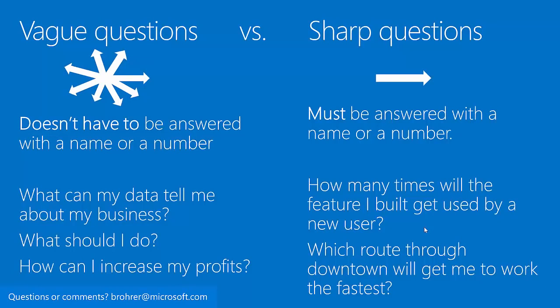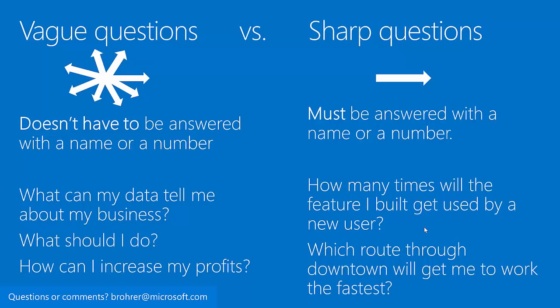You can imagine that there's a genie in a lamp, and it emerges from the lamp, and it will answer any question you ask it truthfully, but it's a mischievous genie, and it will answer as unhelpfully as it can. So if you ask it a vague question like, how can I increase my profits? You may get an answer like, work harder.